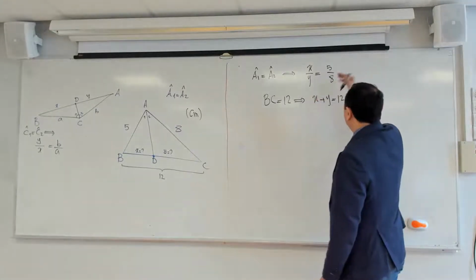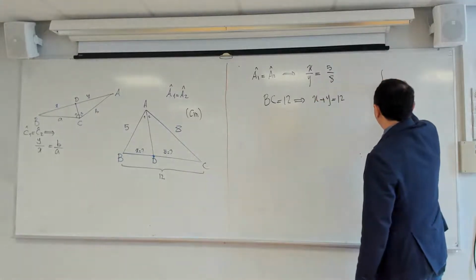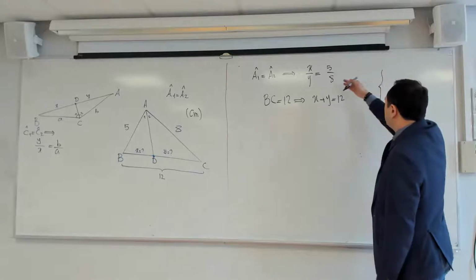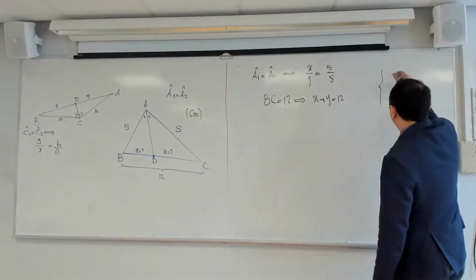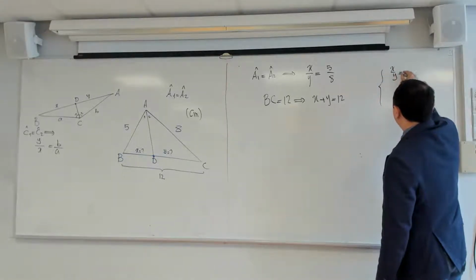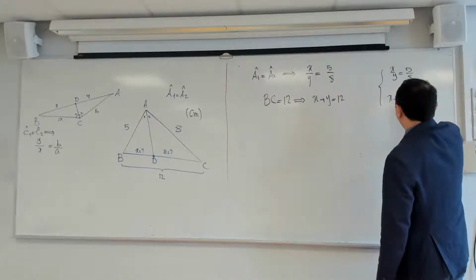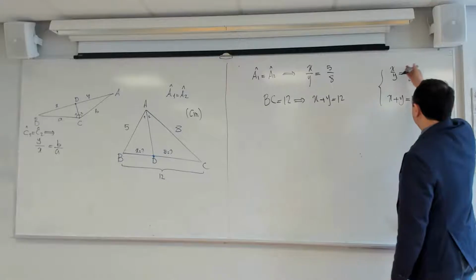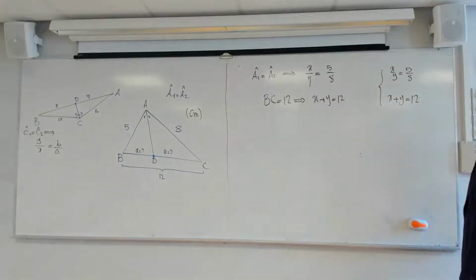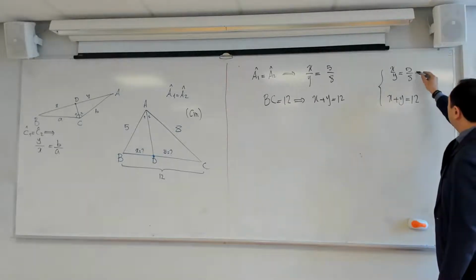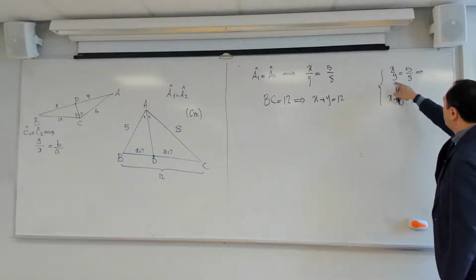So algebraically, I am now facing a system of equations. I have x over y is equal to 5/8, and x plus y is equal to 12. This is not a standard one, but immediately we can make it standard by the substitution method. Let me multiply both sides by y.